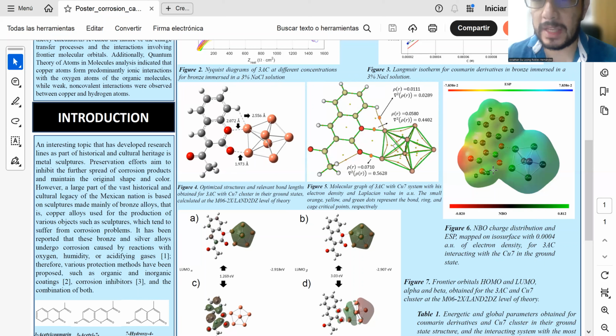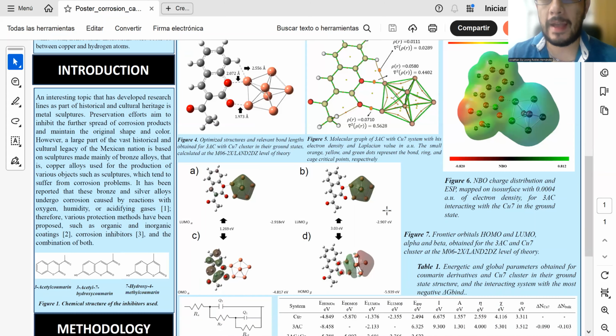Okay, in figure 6, we can see the electrostatic potential map that we obtained for the 3-acetyl coumarin interacting with the copper 7 cluster. And we can see that, well, the most negative region is around this oxygen atom in the functional group.